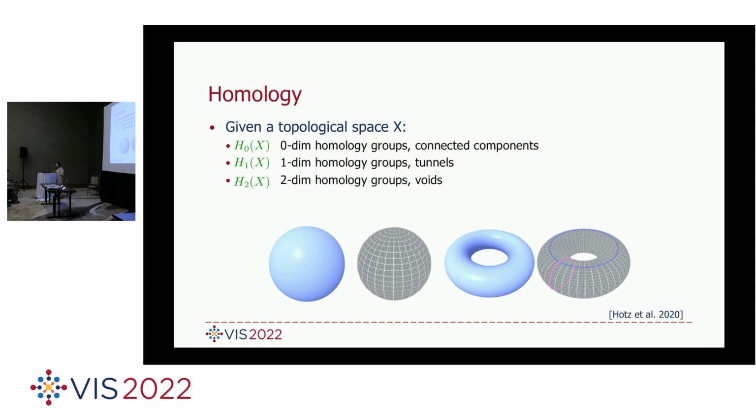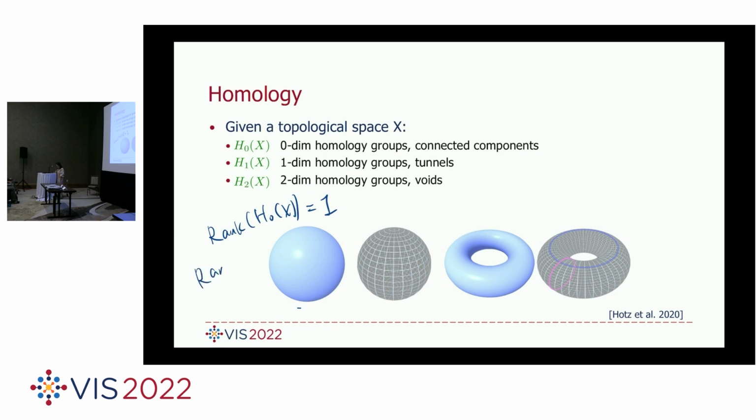For example, let's say this is a balloon. If I'm looking at the rank of its homology groups, which means its number of connected components, the rank of the zero-dimensional homology is equal to 1 because it has one component.